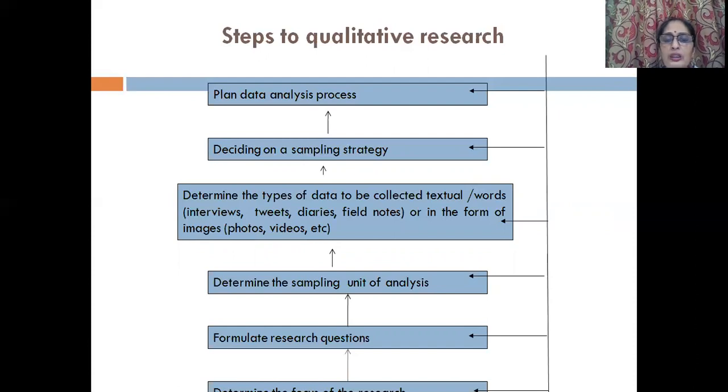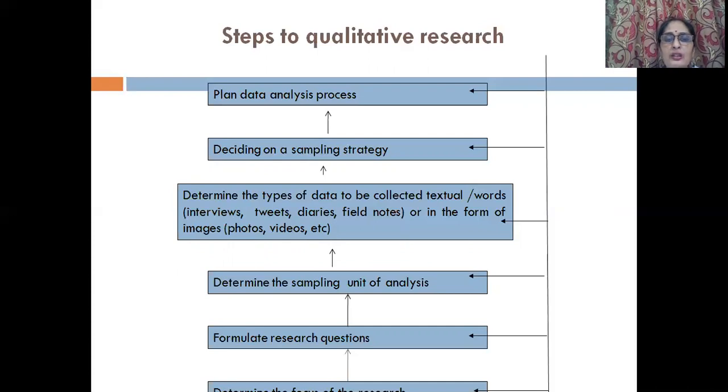Whether it has to be observation with or without participation of the investigator, an interview, semi-structured, unstructured, recorded, face-to-face, whether it has to be focus group discussion, whether it has to be document retrieval or retrieval of audio tapes and videotapes for investigation.